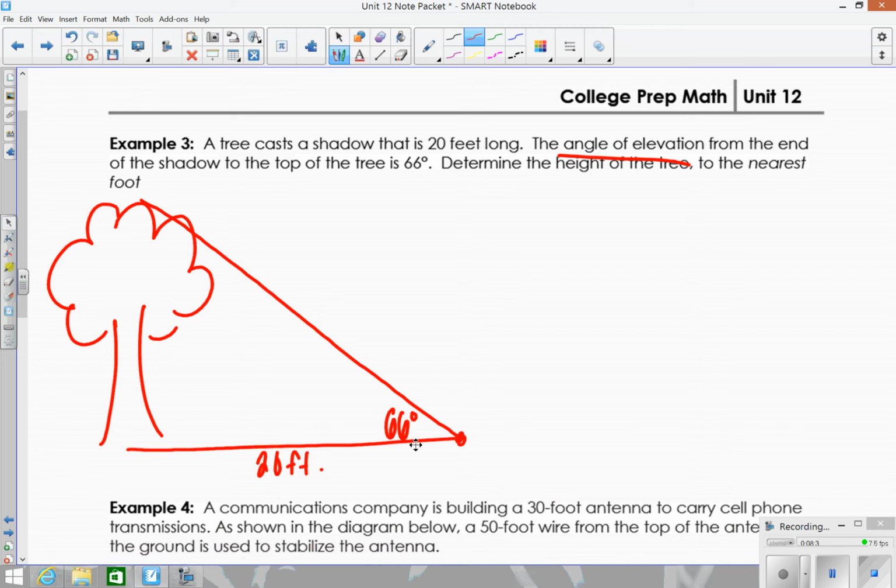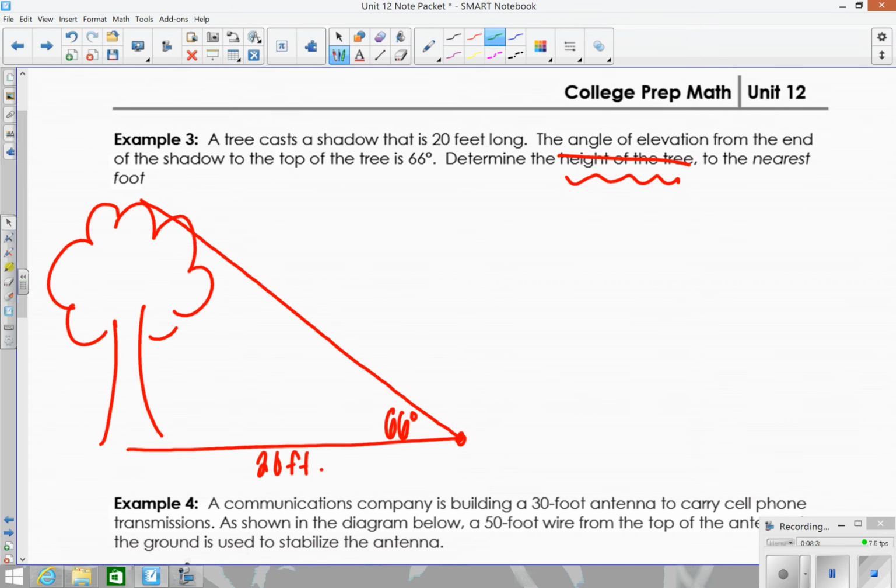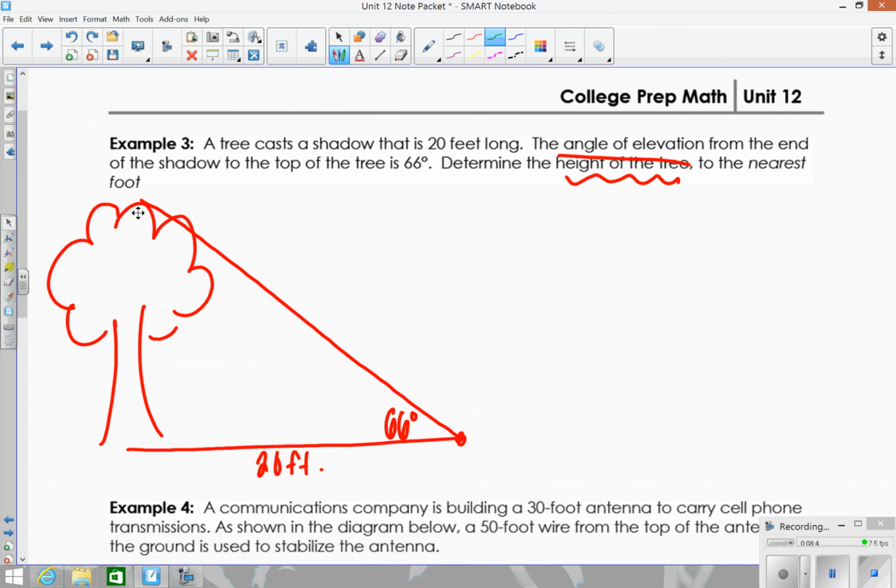And I know to start down here because it says from the end of the shadow. We want to determine the height of the tree. So that means I am going to figure out this height right here of the tree, which is going to be my x.